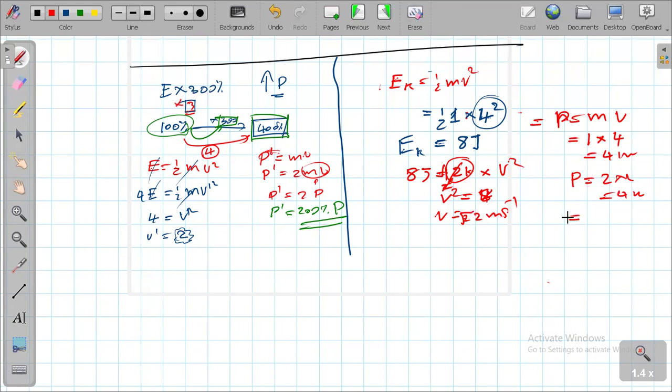So the momentum here is going to be 2 times root 2 kg ms minus 1. 4 root 2 kg ms minus 1. Here you get like only 4. Here you get like what?